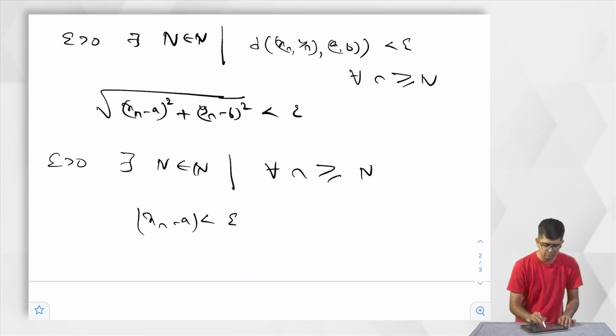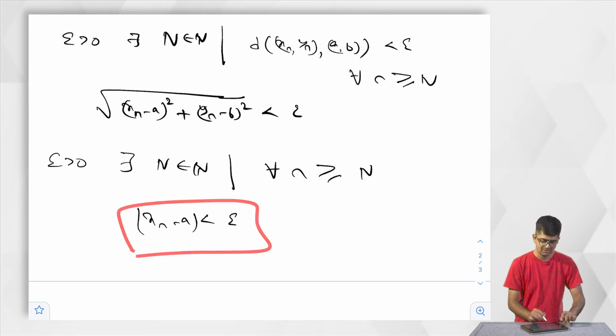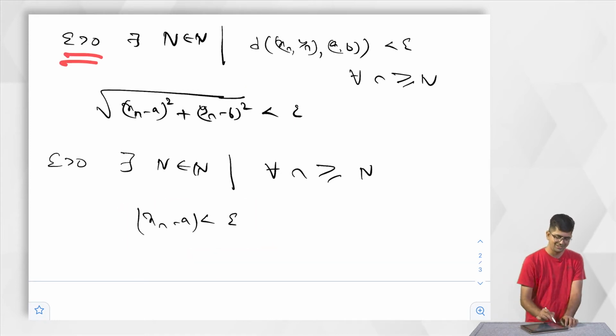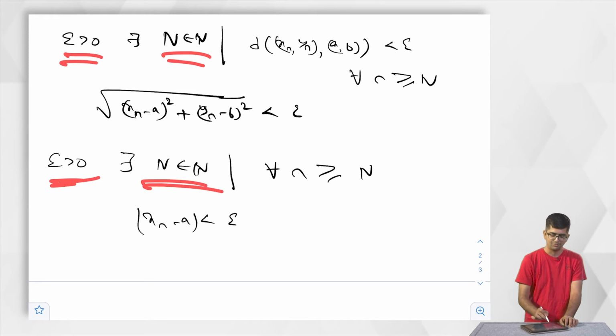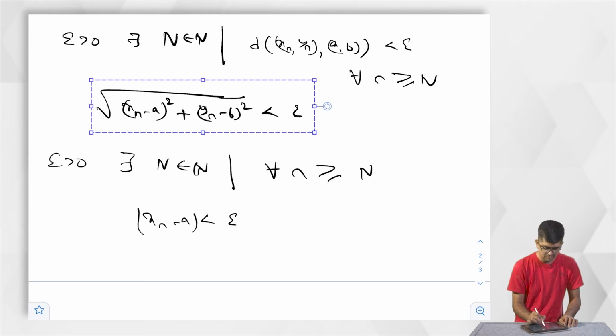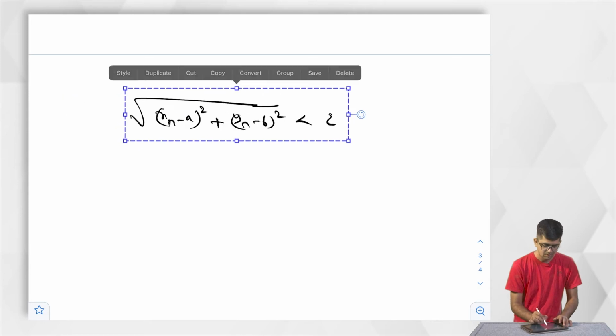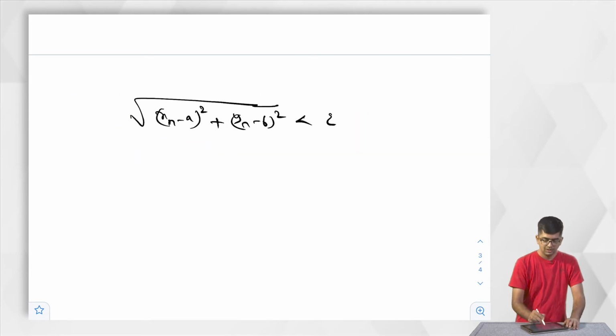Let us try to use this to conclude something about this. I am intentionally writing the same epsilon and the same N for both situations. Let us see if they are related at all. So let me copy paste this. I am just rewriting it again. Now what we want is to extract just this component from this.